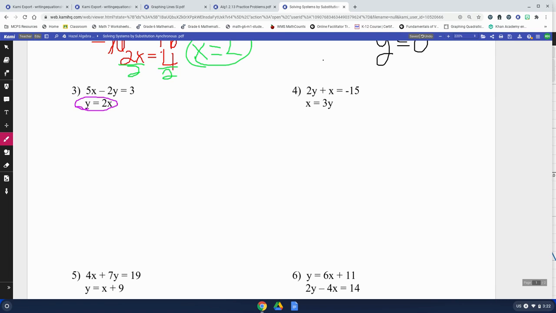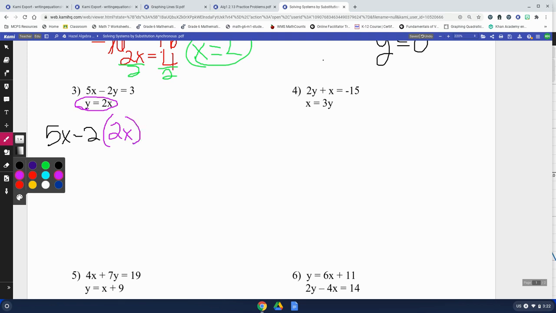So y has been isolated. So you do the same thing we did before. So 5x minus 2, but in place of y, I'm going to put what I know y is, and y is 2x. Then I keep the rest of the equation the same.